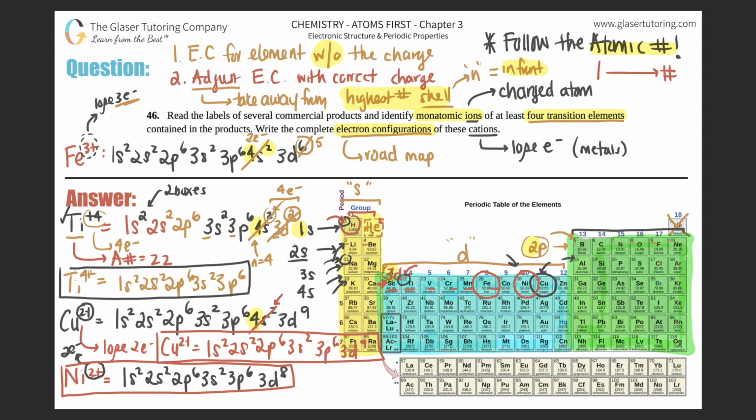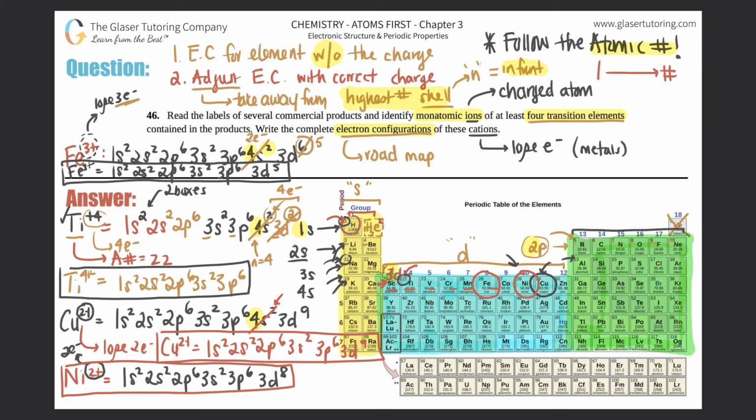So if I had to rewrite this, it would just be 1s2, 2s2, 2p6, 3s2, 3p6, and then 3d5, and that's the answer for Fe3+. Box that answer off. That's the final answer.